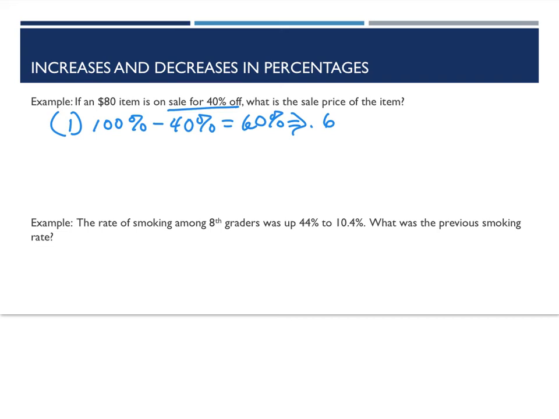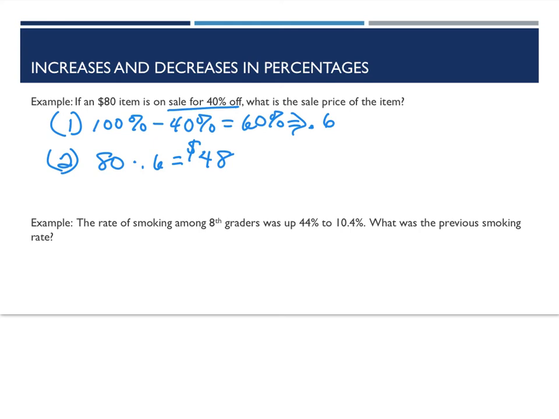Now, is this $80 before I took 40% off or after I took the 40% off? Well, it says it's an $80 item on sale, so I'm assuming this $80 is a before. Before numbers get multiplied by our percentage. And that means that $80 item is on sale for $48.